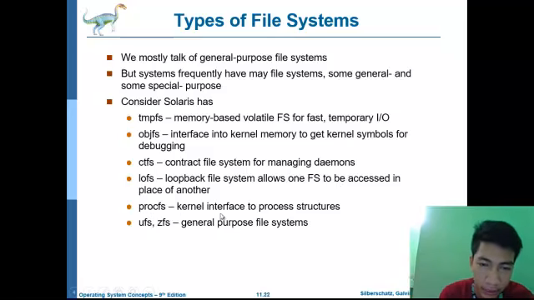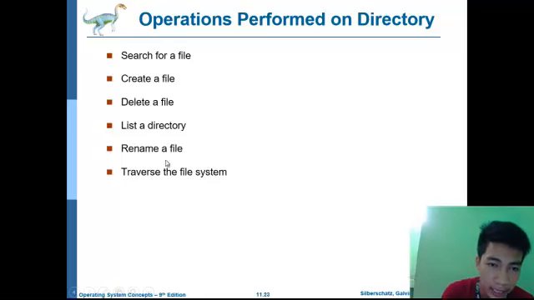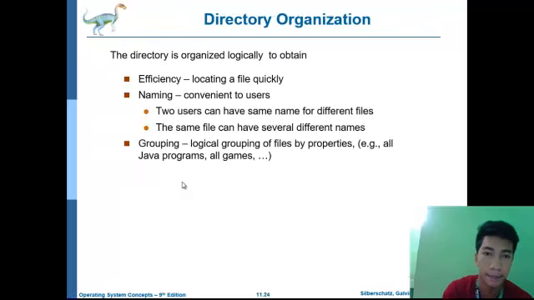PROCFS is a kernel interface to process structures. UFS and ZFS are general purpose file systems. Operations performed on a directory: search for a file, create a file, delete a file, list a directory, rename a file, and traverse the file system.